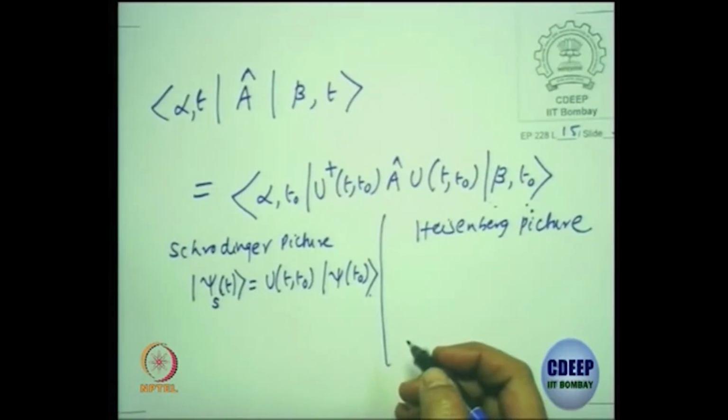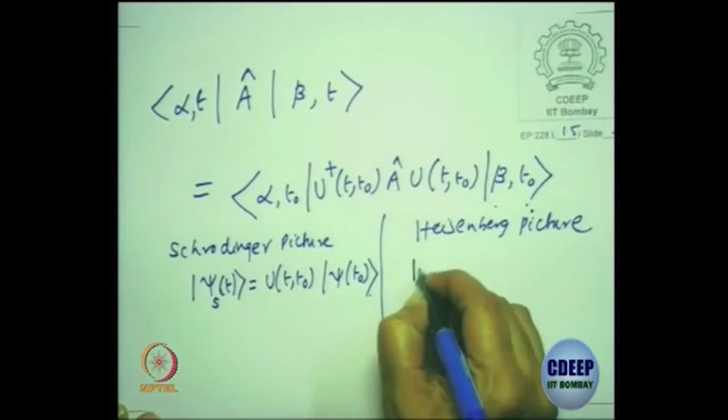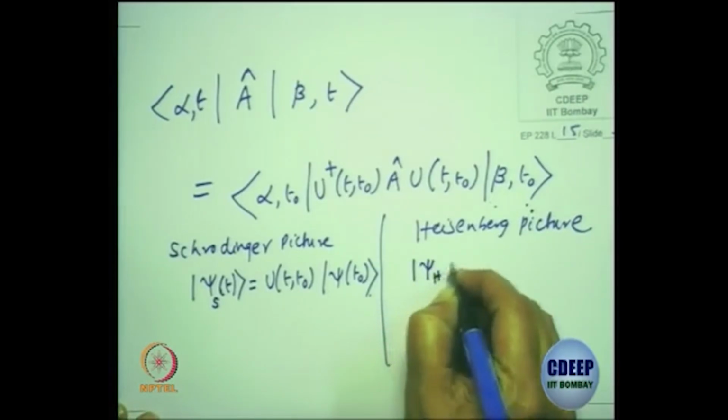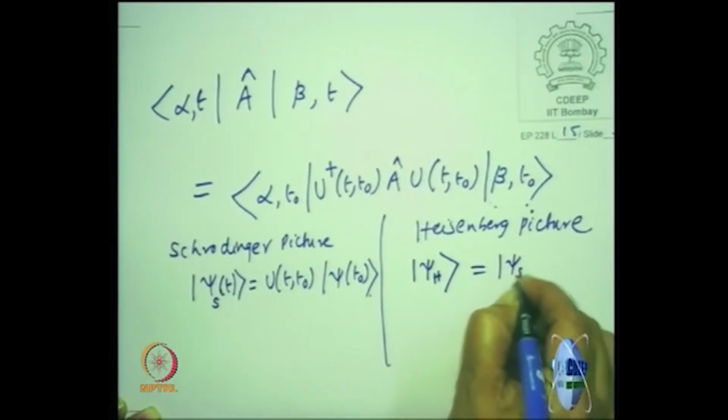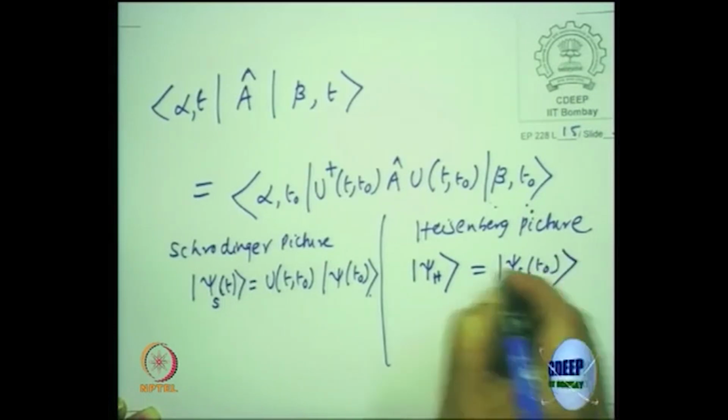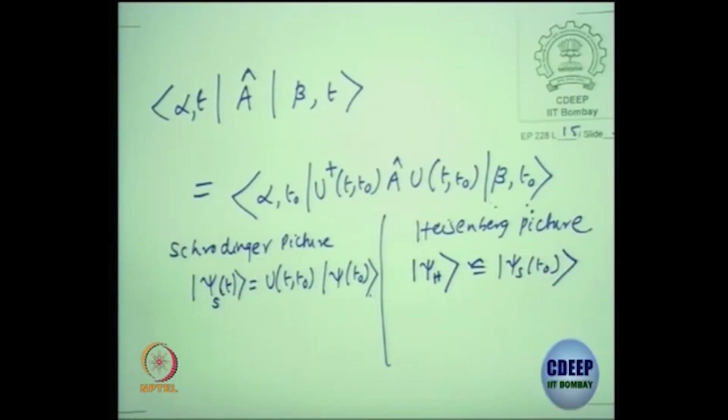Equivalently, I could write here psi H without putting any time dependence. That's nothing but psi S at t0. You freeze the state in the Heisenberg picture, that it is fixed at t naught.